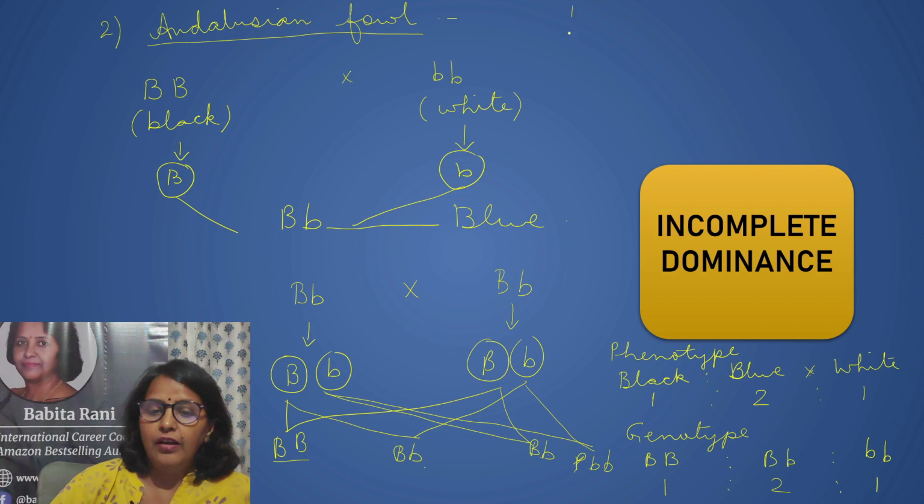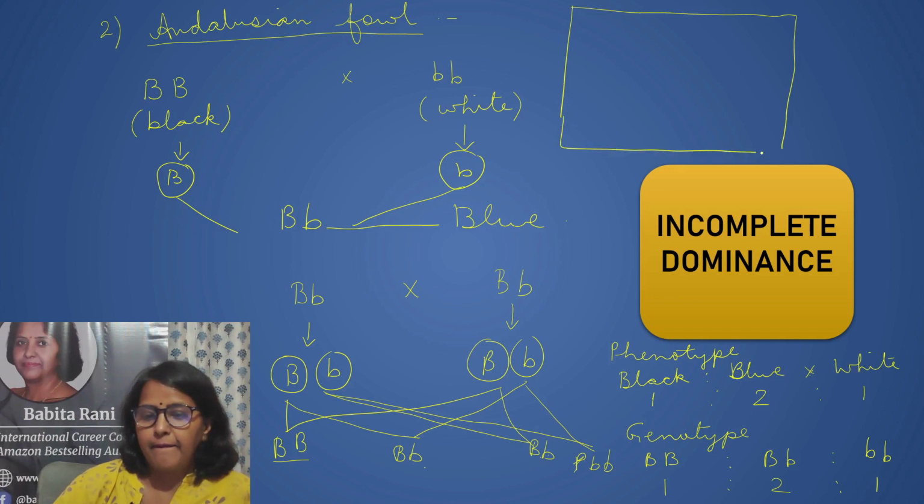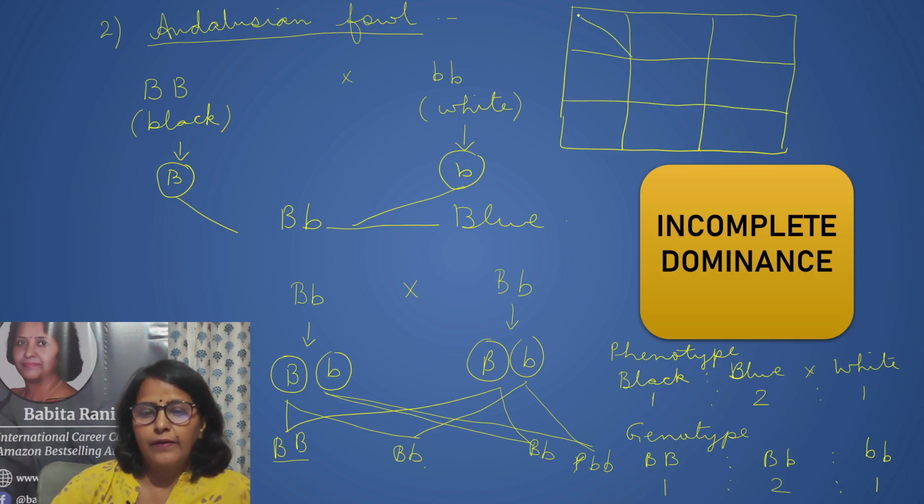If we draw a Punnett square, so this is male gamete, this is female gamete, capital B, small b, capital B, small b.